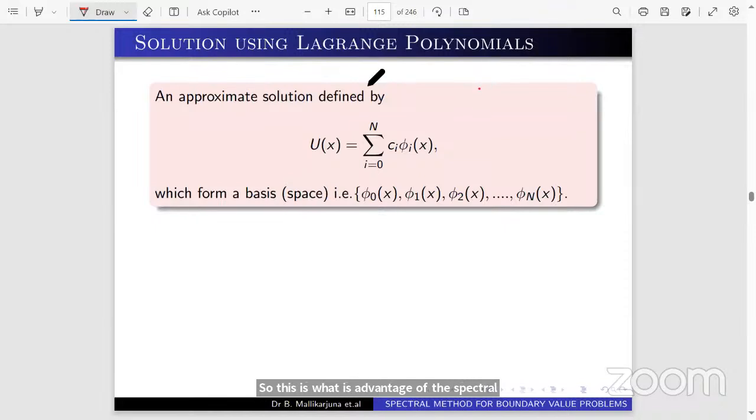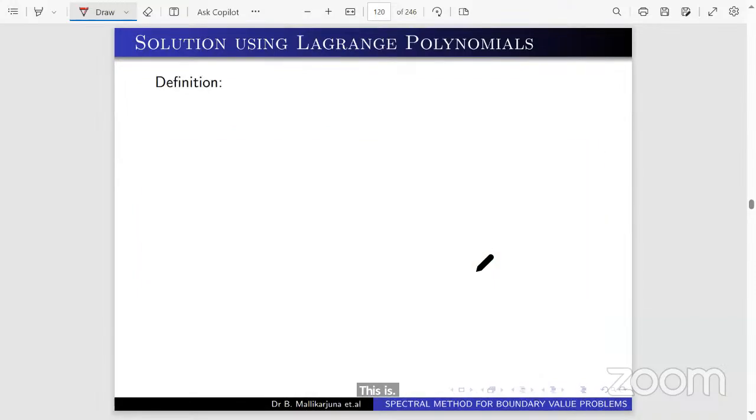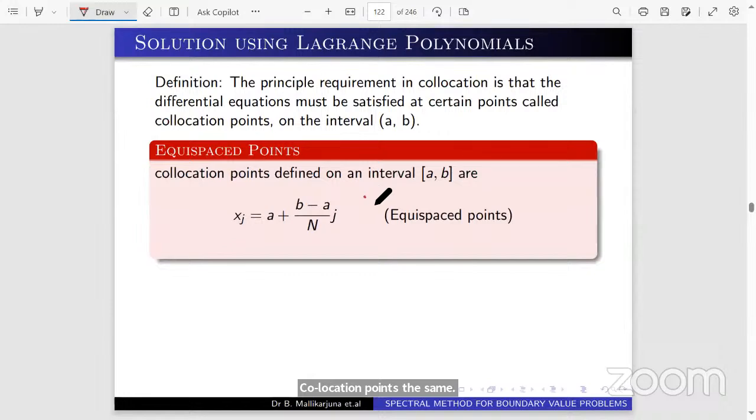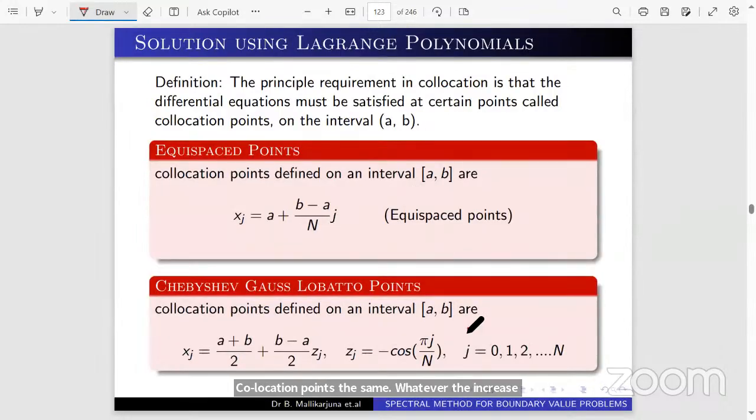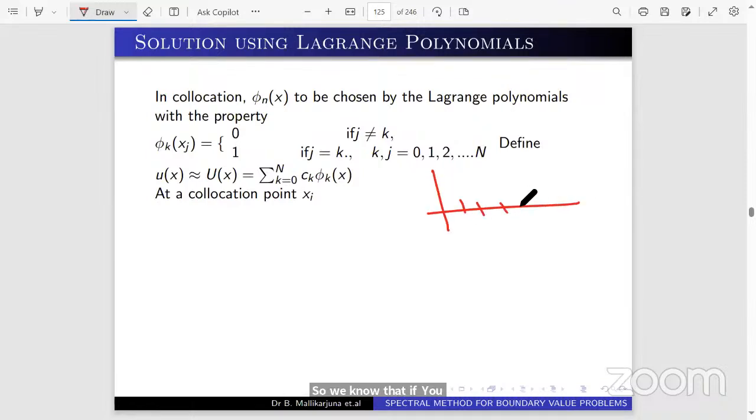Now the same thing, solution using Lagrange polynomials. The collocation points are the same, whether the equispaced points or Gauss-Lobatto points we are considering. How are you going to take the Lagrange polynomials? We know that if you divide the points, it is x naught and so on up to xn.